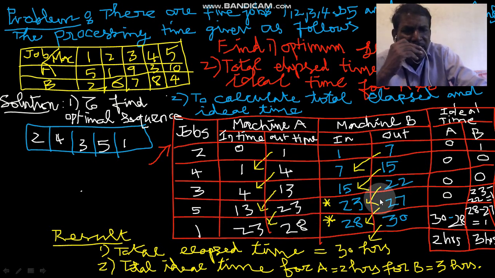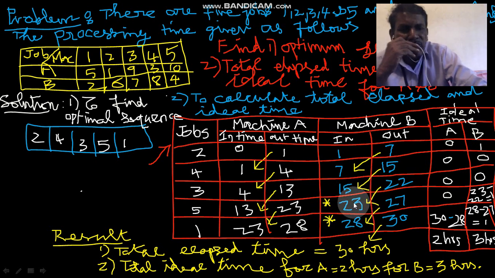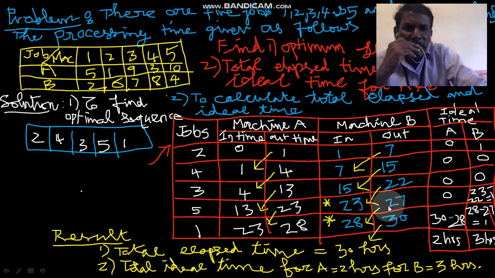So 1 day it has to wait, and then on the 23rd day it will start. Which job? Fifth job. Under B you will get 4 days. So 23 plus 4, 27. So 27 is the ending time or out time for machine B.